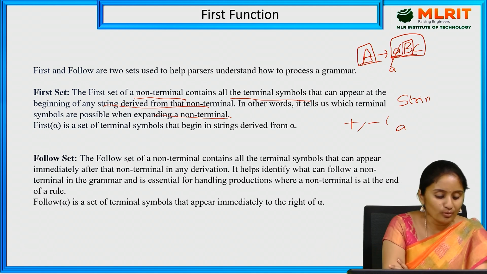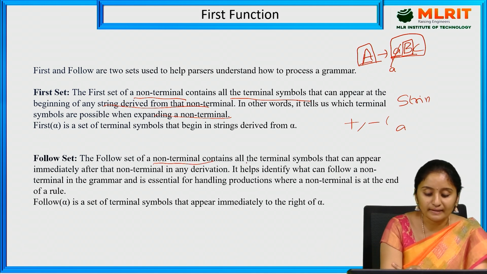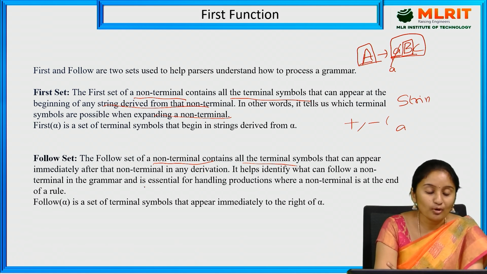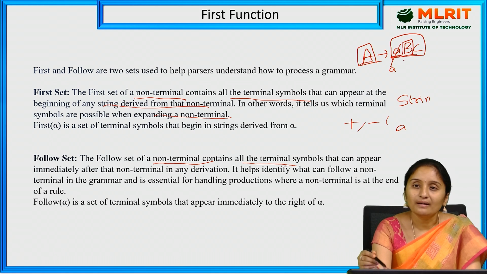Coming to the Follow. Follow of a non-terminal contains all the terminal symbols that can appear immediately after the non-terminal in any derivation. The difference here is that the Follow function looks at the right-hand side. Here, see, ABC is there.